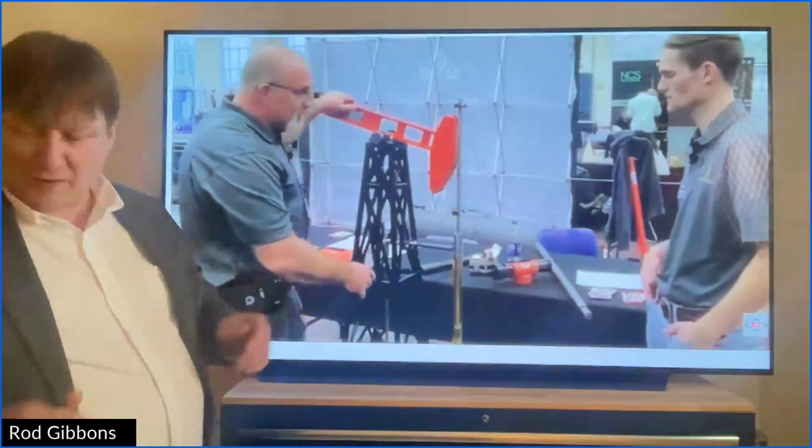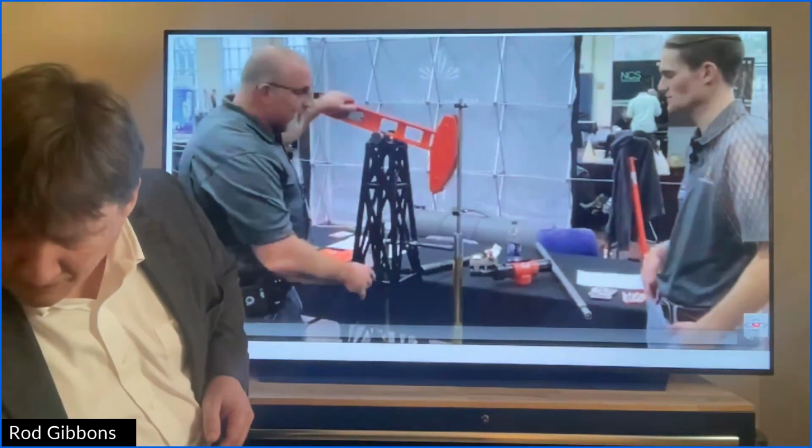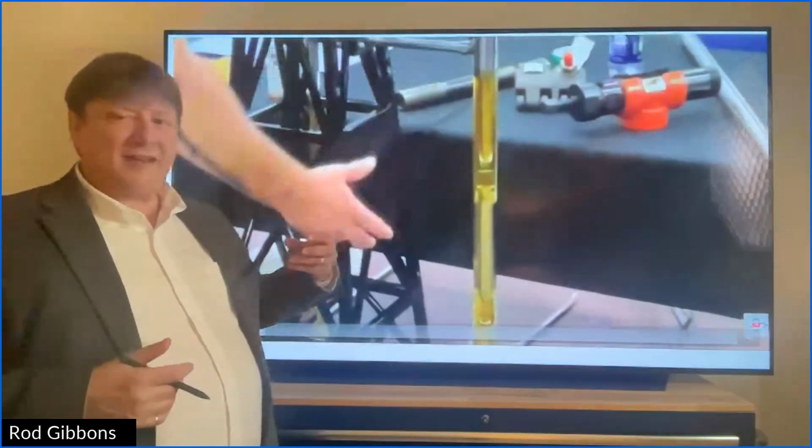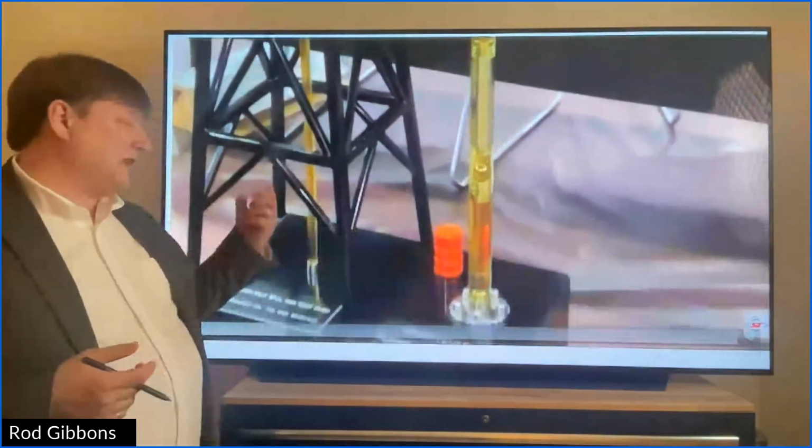We go back to our demonstration model. Now he's going to simulate getting gas into the pump, and so he does that by pumping very hard.